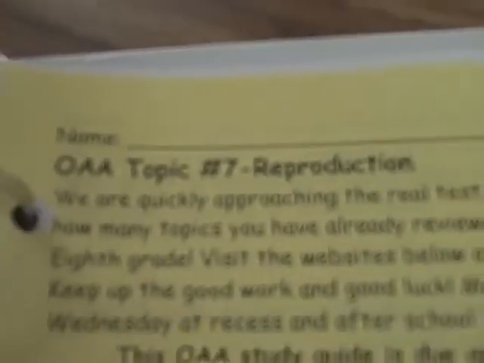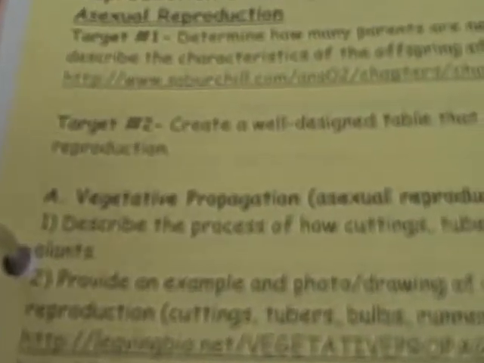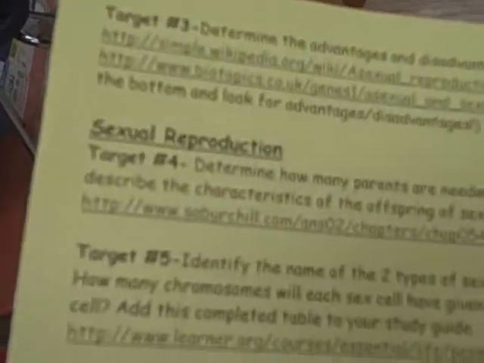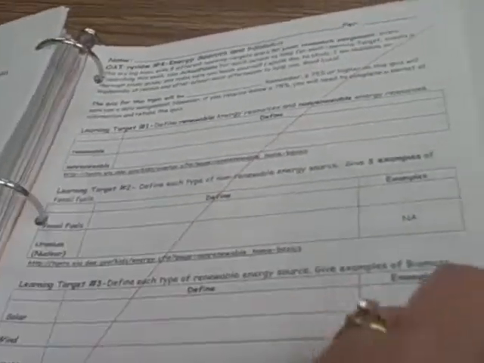This is review topic number 7. It's called reproduction. On these pages, there are learning targets, target number 1, target number 2. With each of those learning targets, you'll see a lot of websites available. We make things easier for you, and I'm going to show you in a minute, on SchoolPoint, how all of those links turn into something. So that's the OAA section of your science notebook.